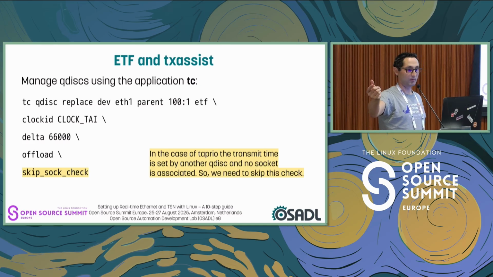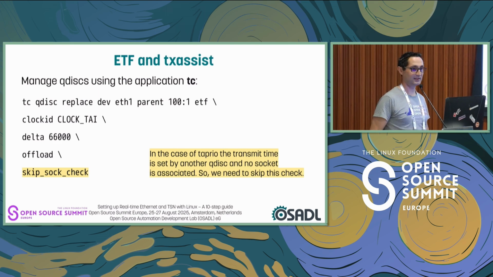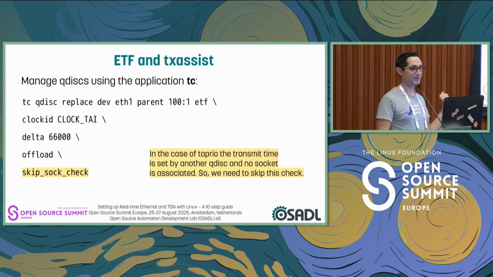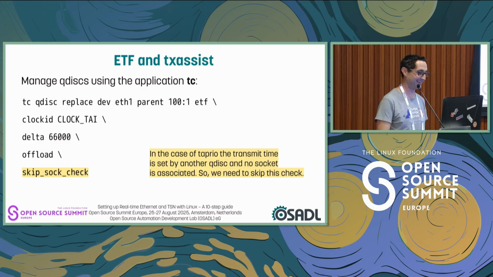So it would be dropped, right? So we want to skip that check, and we need to explicitly tell it that we want to skip that check. And this is actually a major pitfall. If you forget that, packets would be just silently lost, right? You can imagine this made me scratch my head for a few hours. This is why I wanted to mention it to you, so you don't have to spend that time, right?